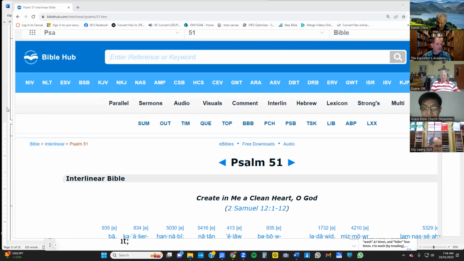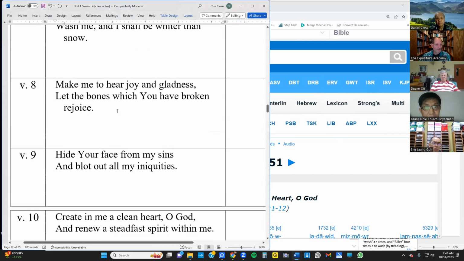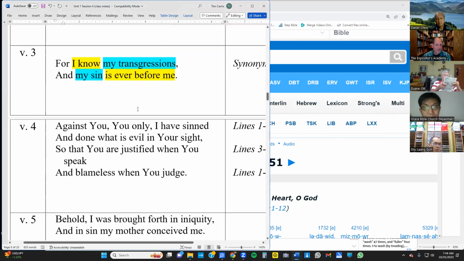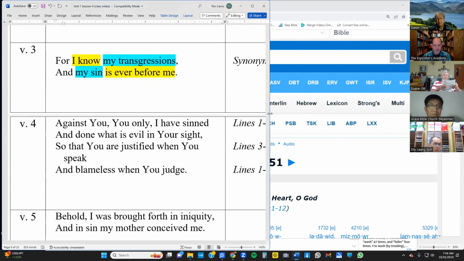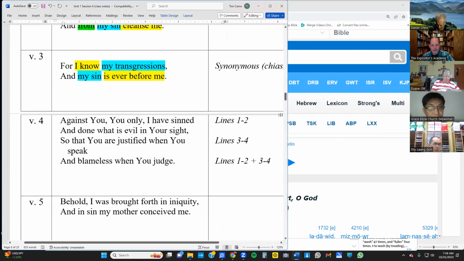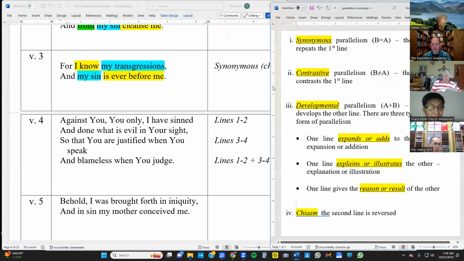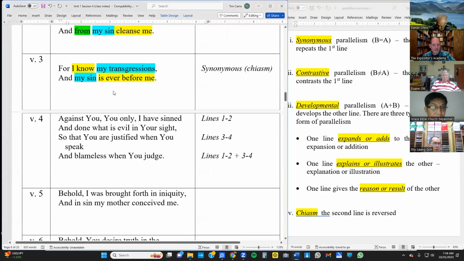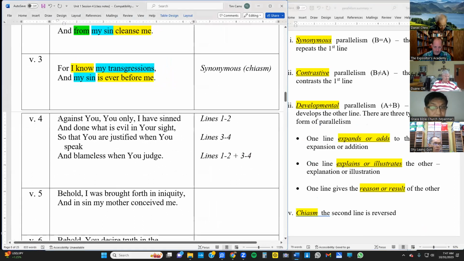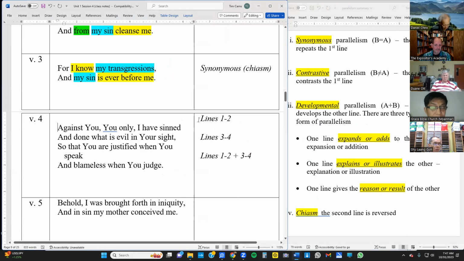All right. Well, let's go back to our text, and I'm going to have Shulong do the next verse. We're on verse 4 here. So notice verse 4 has 4 lines in it.